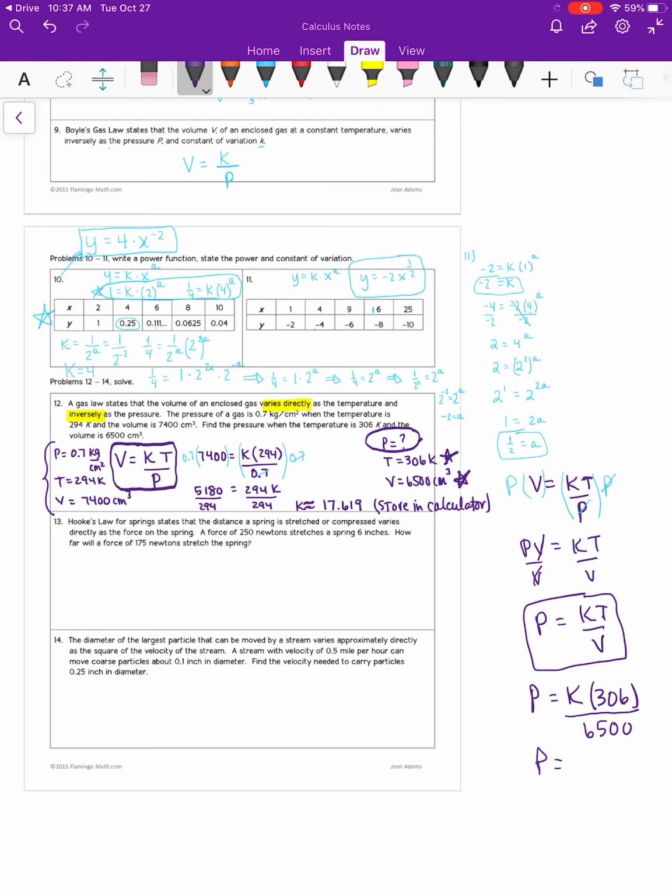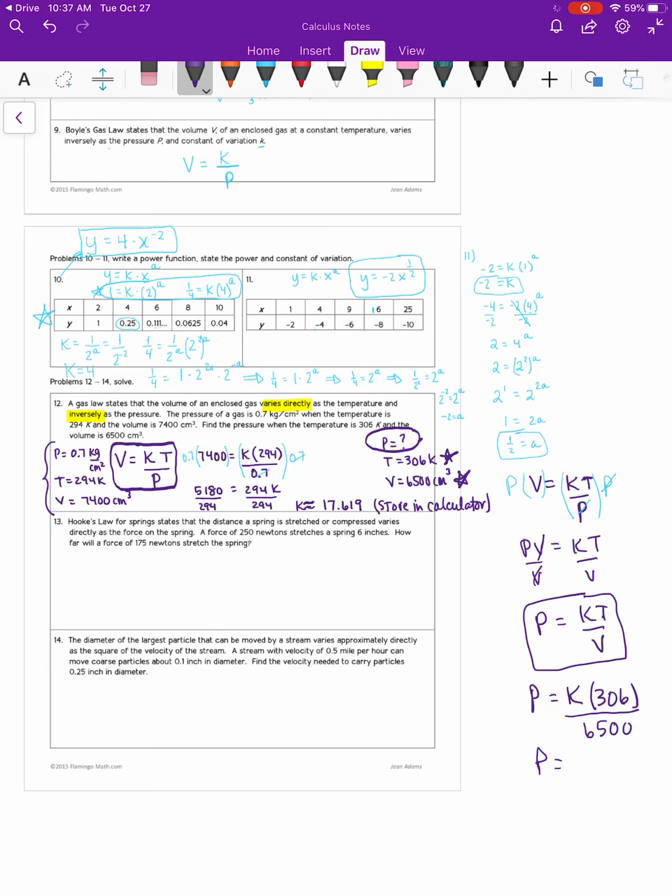And so now in your calculator, you're going to take 306 times alpha, open parenthesis, because that gives me K. I went ahead and hit enter, and then I put in divide by 6,500, which is whatever you want to do.